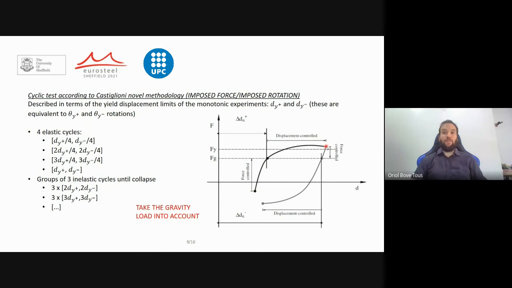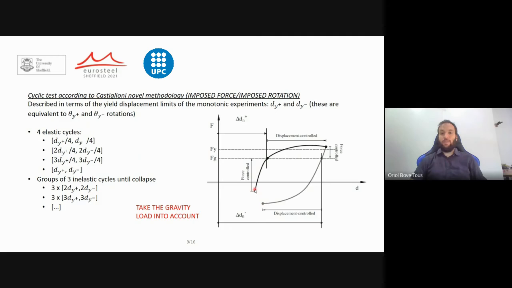Once we arrive here, we go back again to this vertical force, to this vertical load. We can appreciate here that the value of displacement for this same value of force is different. This is due to the energy absorbed during this cycle. Then when we do the sagging displacement branch, we see that we arrive at a different point.